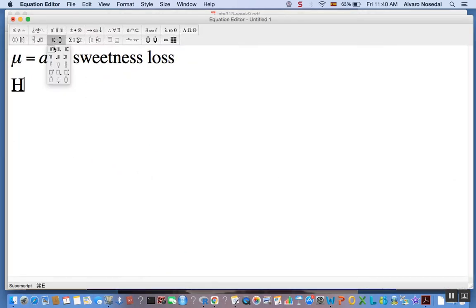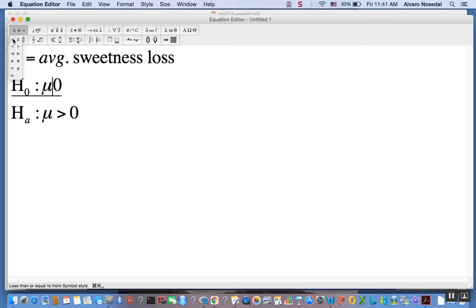So our null and alternative hypotheses look like this. What we would like to show is that mu is greater than 0. So we're going to place it on the alternative, that mu is greater than 0, and the null will be the complement of that event, less than or equal to 0. So that would be our step 1.